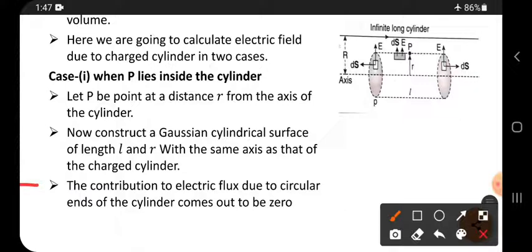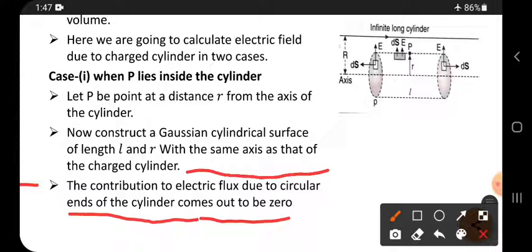Next, the contribution to the electric flux due to the circular ends of the cylinder comes out to be 0. Why?